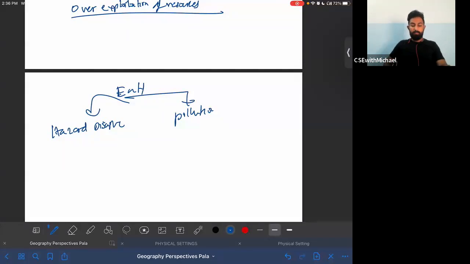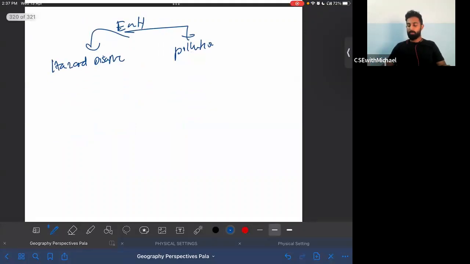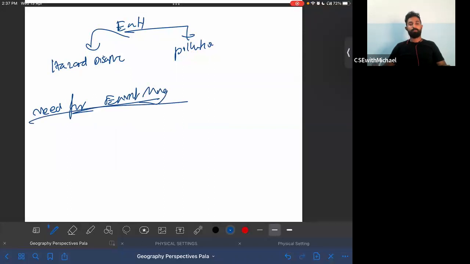Okay, now we have to identify certain justifications, or why the need for environmental management. There are certain concerns which necessitate environmental management principles. These can be considered as justification.